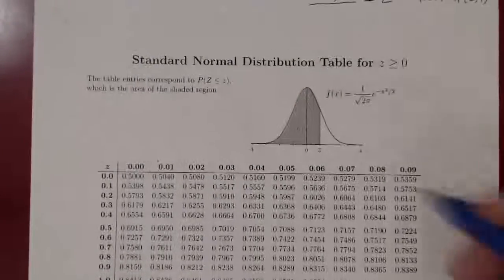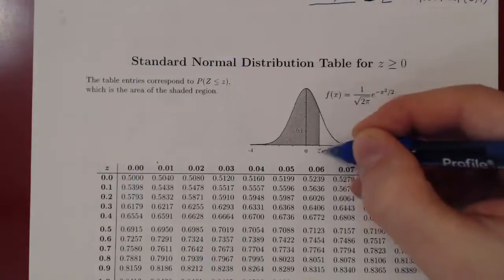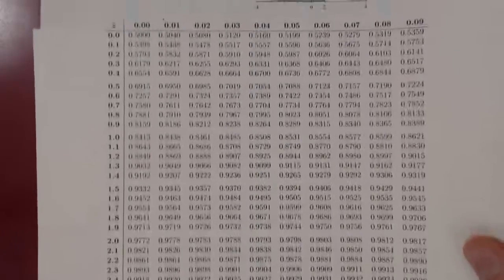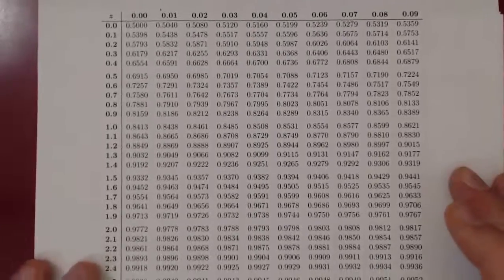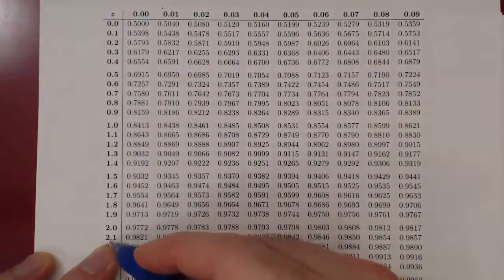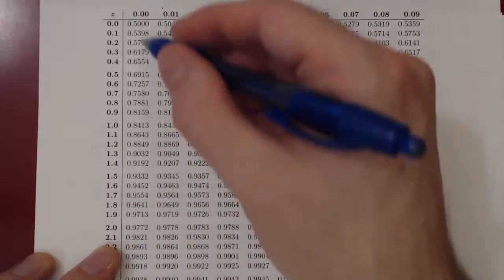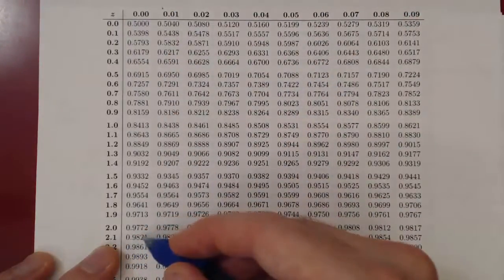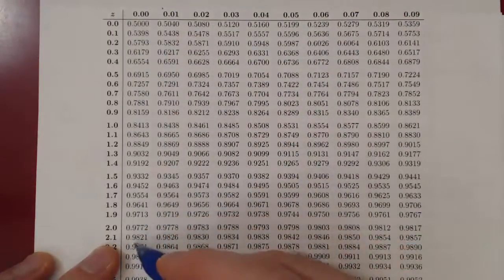This is the area to the left of a given Z score when Z is positive, and Z for us was 2.1. It was exactly 2.1, so the second decimal place is 0, and the probability you see is 0.9821.